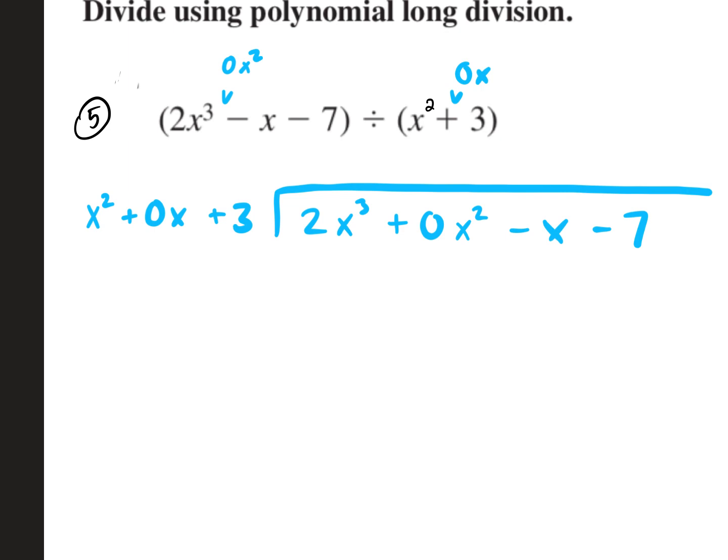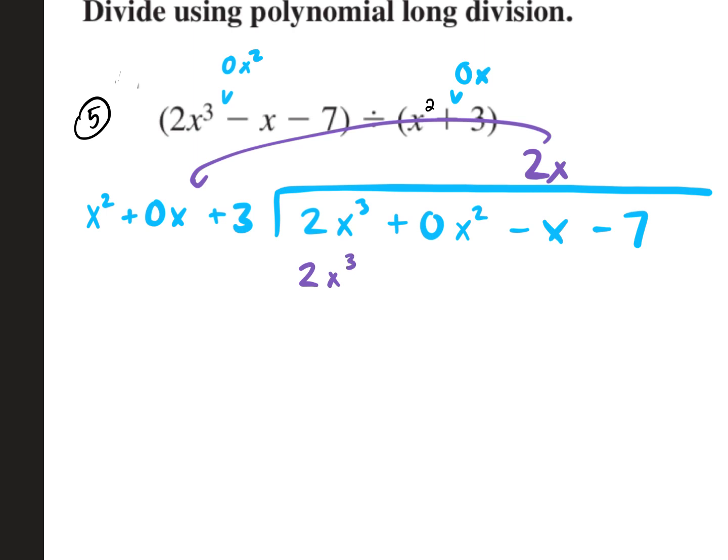What's the first step? Divide. So what is 2x to the third power divided by x squared? 2x, perfect. So I'm going to write that on top of the x. What's next? Multiply. Once I write it up top, I multiply it times everything out front. So this would be 2x to the third power.